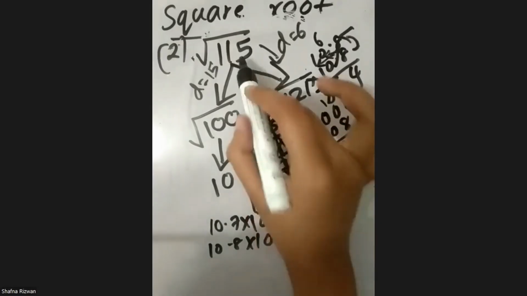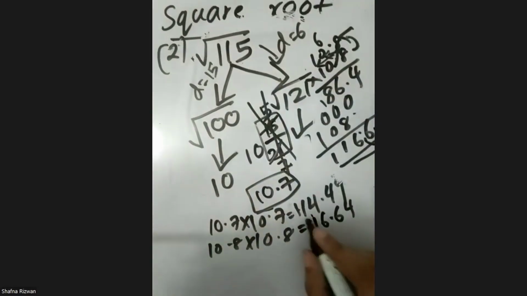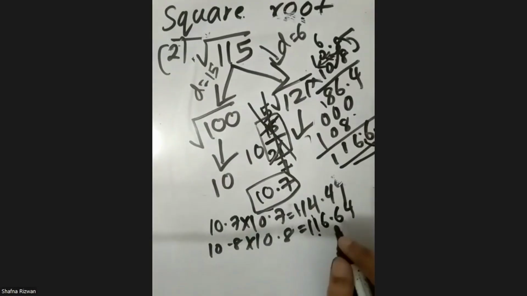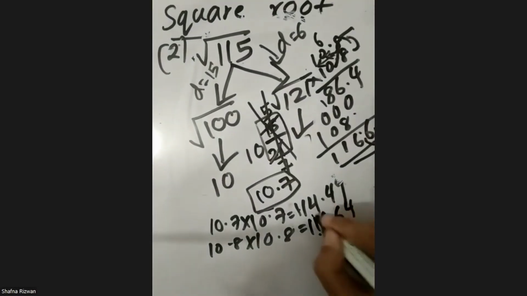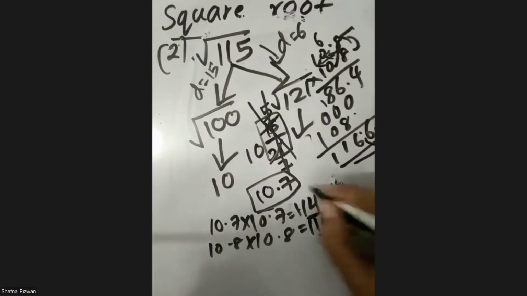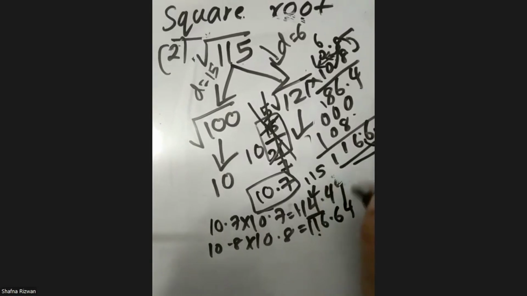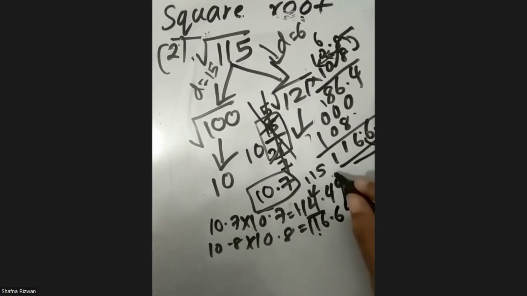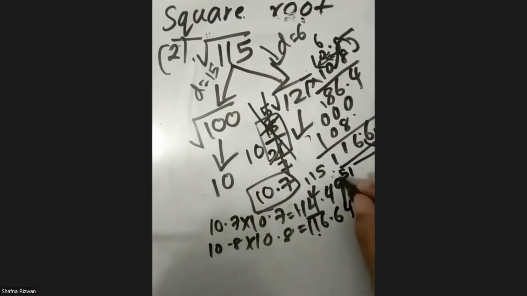So can you tell me which one is closer to 115, 114 or 116? You can subtract and see here. So 49, if you subtract from 100, how much are you getting? 51. Okay, you're getting 51. So 51 here.